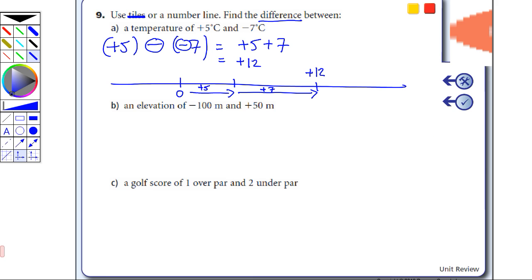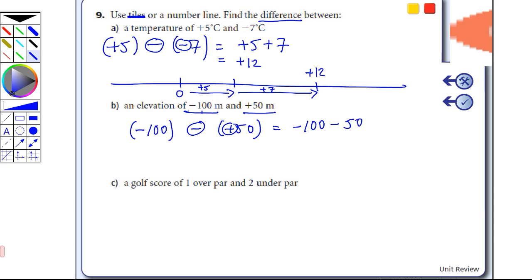Find the difference between an elevation of minus 100 and plus 50. So I've got minus 100 and I've got plus 50, and it's a difference, so it's subtraction. So I'm going to rewrite that as minus 100. First term stays the same. Then I've got a minus plus, turns into minus 50.